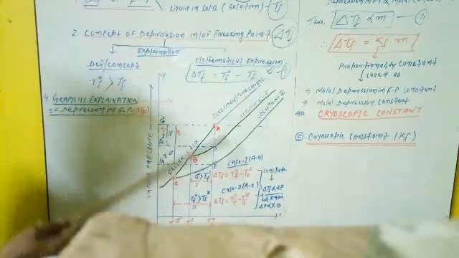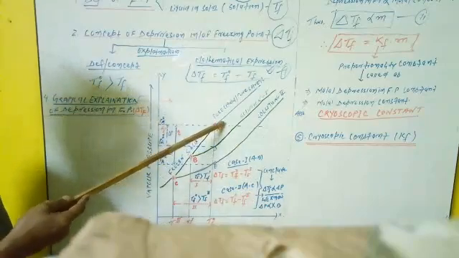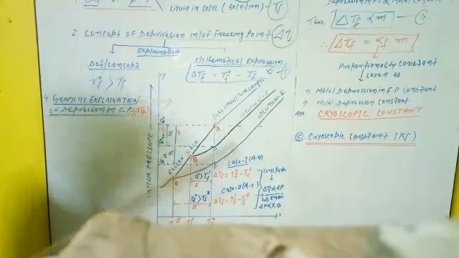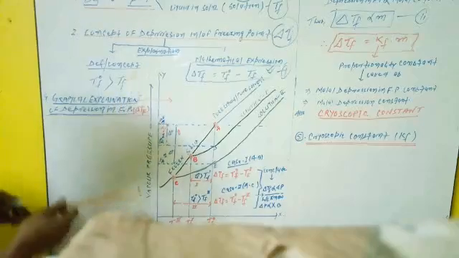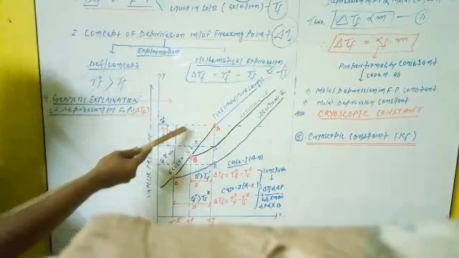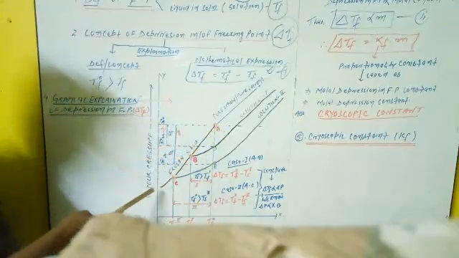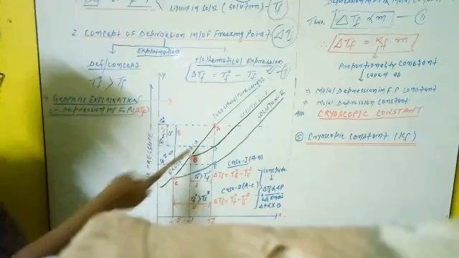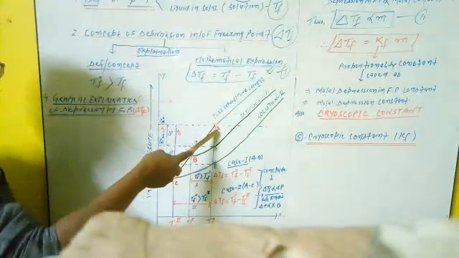From the definition, freezing temperature is the temperature at which any liquid begins to convert into frozen solid, and the frozen solid and its liquid are in equilibrium. So this line indicates the equilibrium, and this point, the red A, is where frozen solid and its liquid are in equilibrium.